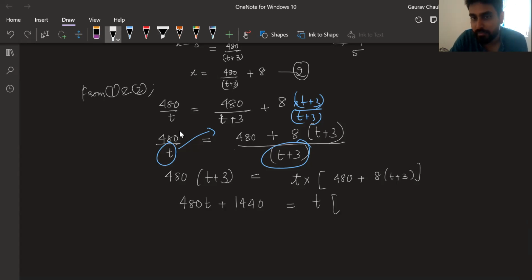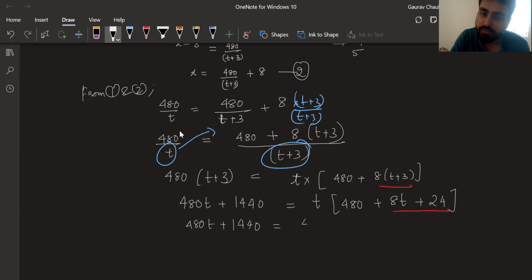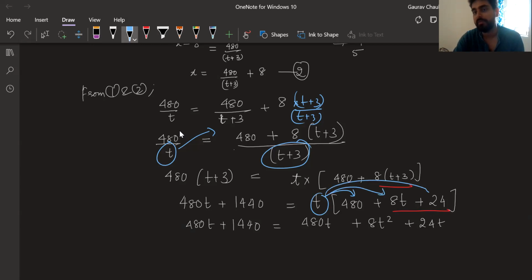So I get t into 480 plus 8t plus 24, opening the bracket inside the bracket first. Then I'm going to open the whole bigger bracket. So I get 480t plus 1440 is equal to 480t plus 8t square plus 24t. Basically, I'm multiplying t with this and with this.